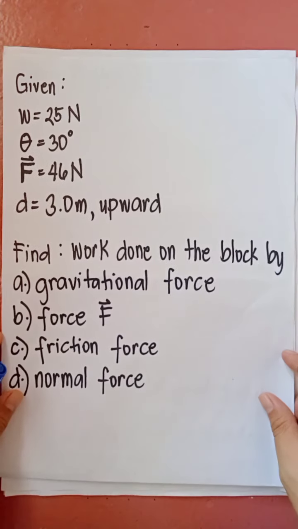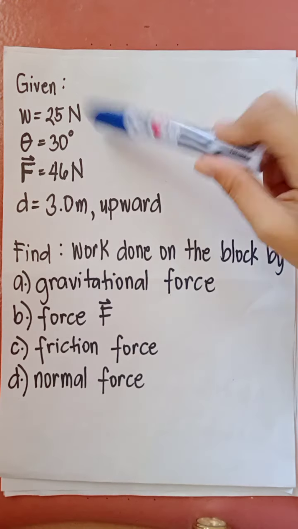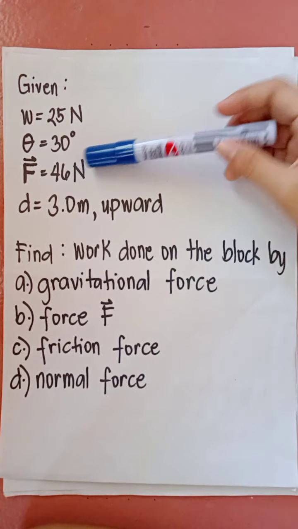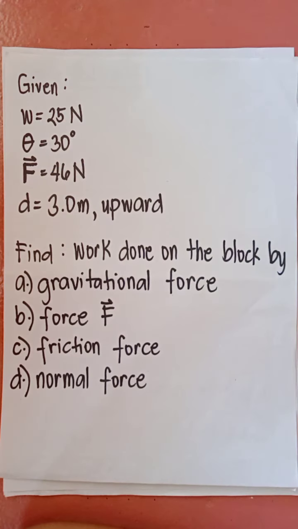So we have here the weight, which is 25 newtons, the angle, which is 30 degrees, force is 46 newtons, and the displacement is 3 meters directed upward. Now, what we need to find here is work done on the block by 4 different forces. Since we have already the summary, we can proceed to the solution.